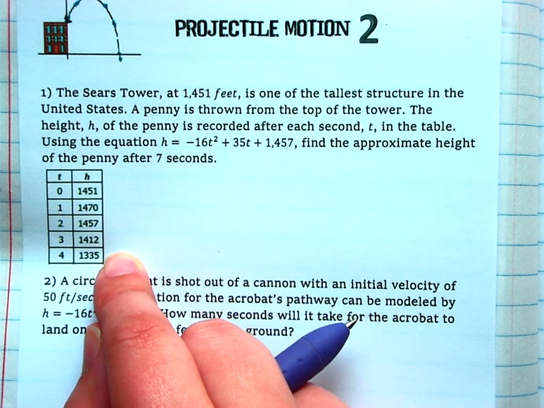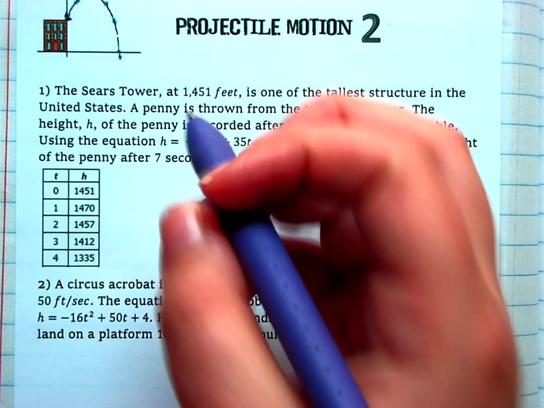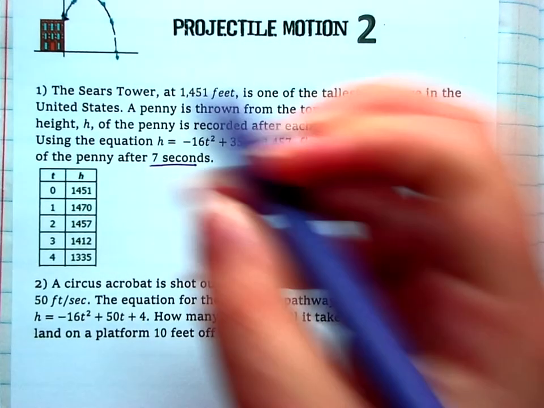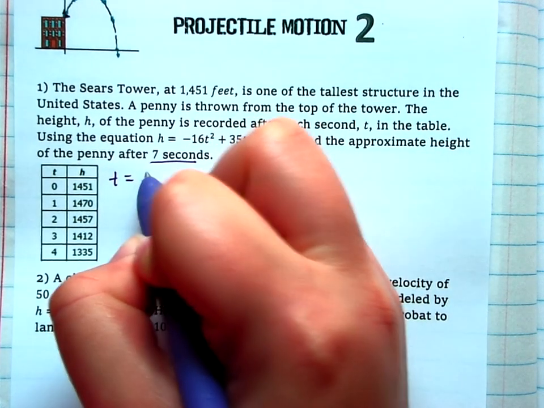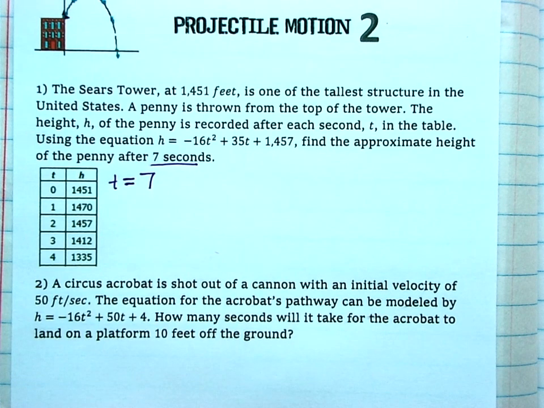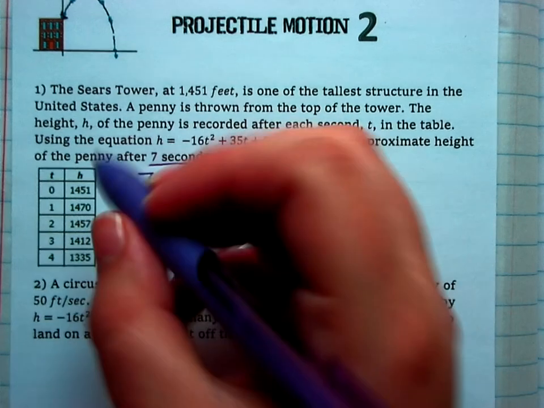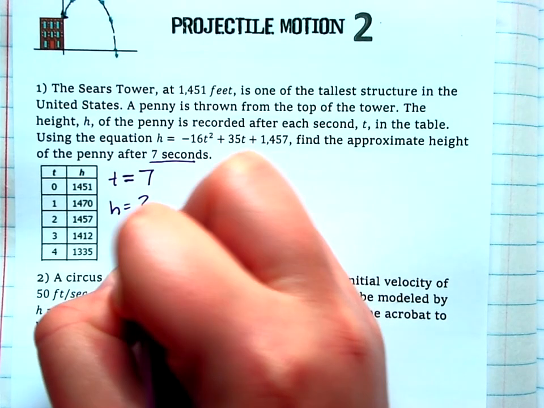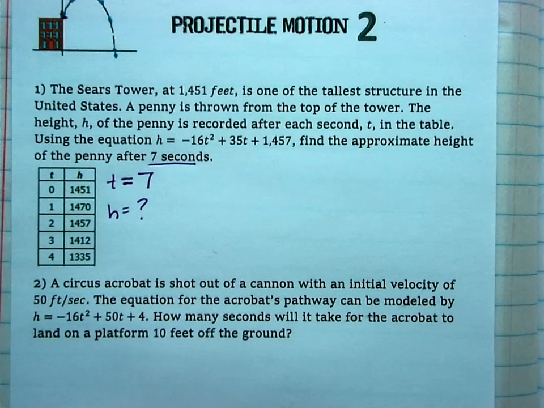So 7 is going to be t, 7 seconds. So that means the time is 7. They want us to figure out the height of the penny. They want us to figure out what h would be equal to at 7 seconds. So what do you think we should do?